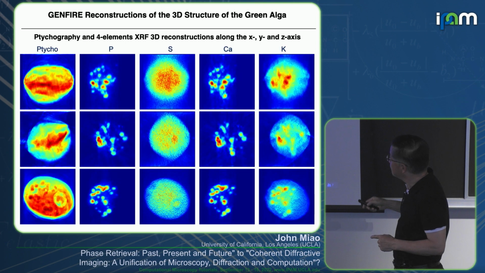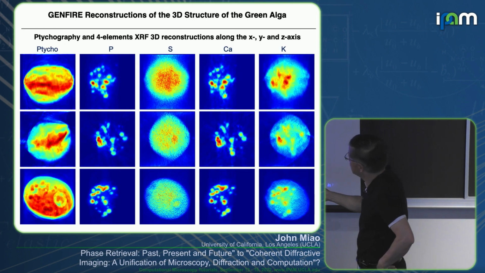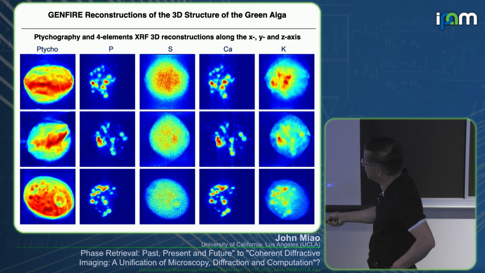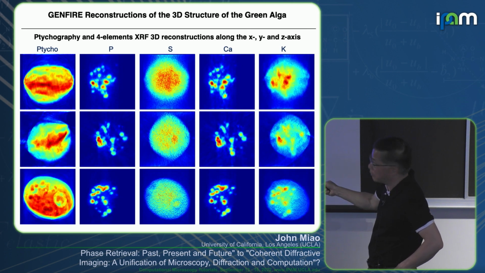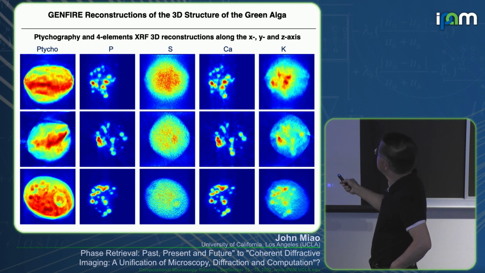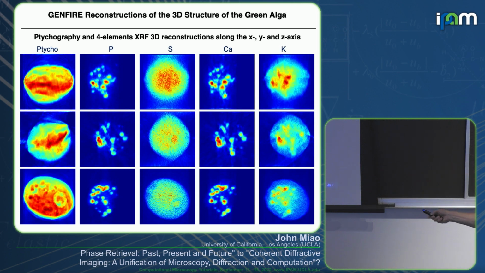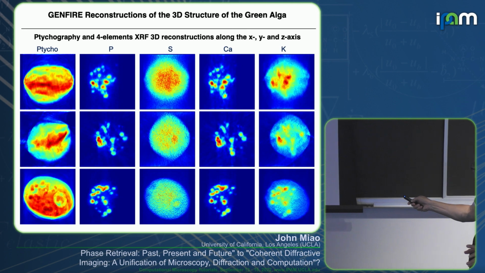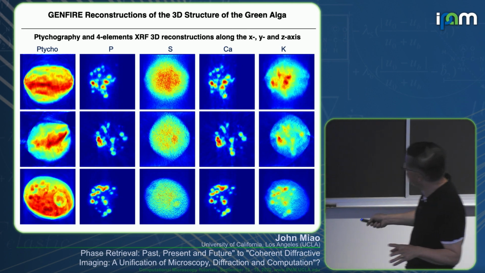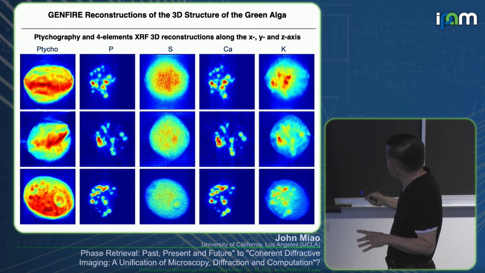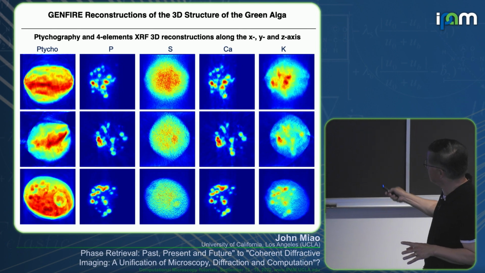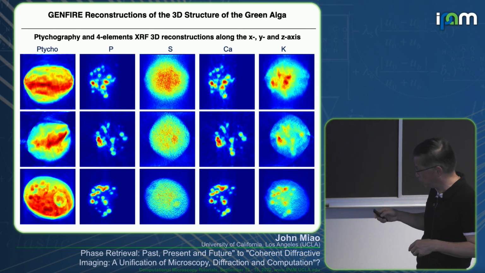Then this is the ptychography reconstruction of three different projections, and phosphorus, sulfur, calcium, potassium, and they are actually in different locations. This is a different organelle. The phosphorus, calcium, sulfur, and potassium are displayed more uniformly. Also calcium is in a different organelle.